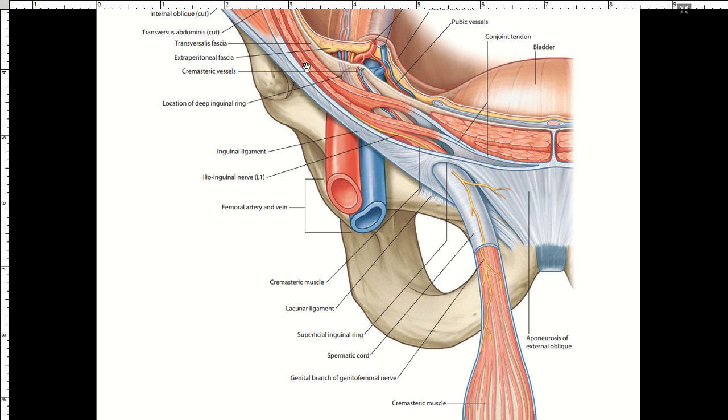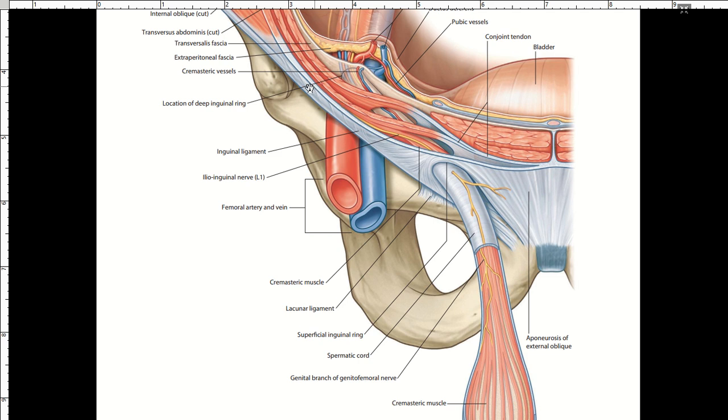So you're going to have the internal oblique reinforcing the lateral third of the anterior wall of the inguinal canal. So entirely we have the external oblique, and then we also have the origin of the internal oblique muscle. You understand? Good. That's your anterior wall.